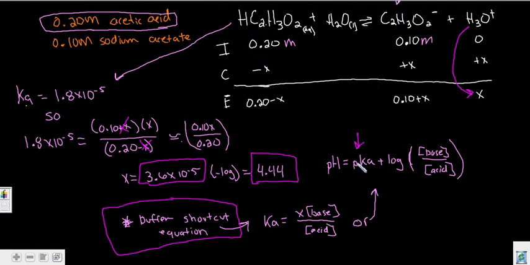We would say that pKa equals the negative log of Ka, just like pH equals the negative log of the hydrogen ion concentration. So you take the negative log of this, that's your pKa for this situation, plus the log of these two divided by each other. This is a logarithmic shortcut to quickly solve pH.